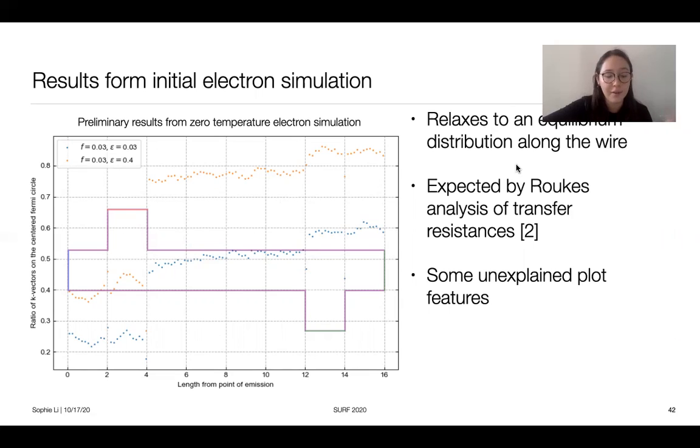Now, this is a very preliminary plot, so we have a lot of work to do in terms of being able to convert the results we have from the k vector into an actual temperature distribution. So that's something that we will be doing in the future.